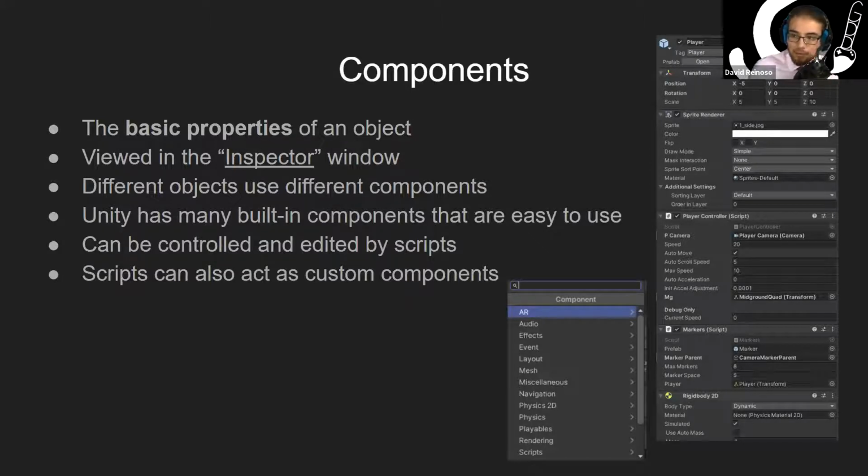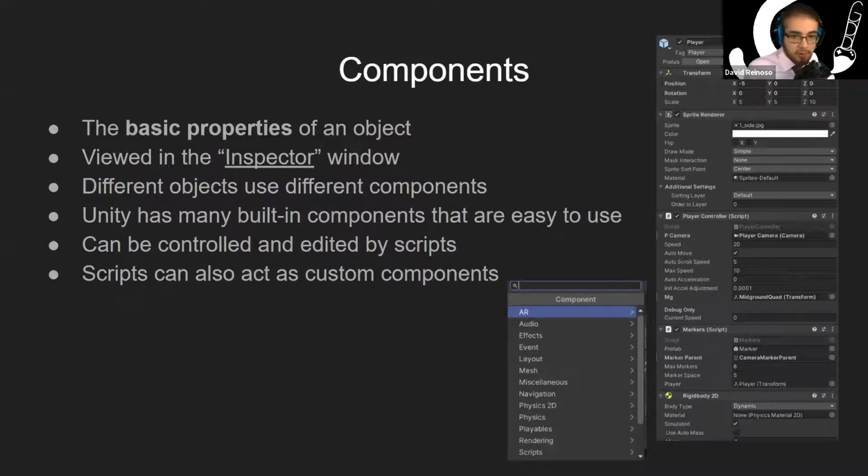Now, different objects use different components, such as a text object might use a text component, while an image object might have an image component that you can establish what image is going to be displayed. Now, Unity has many built-in components that are easy to use.